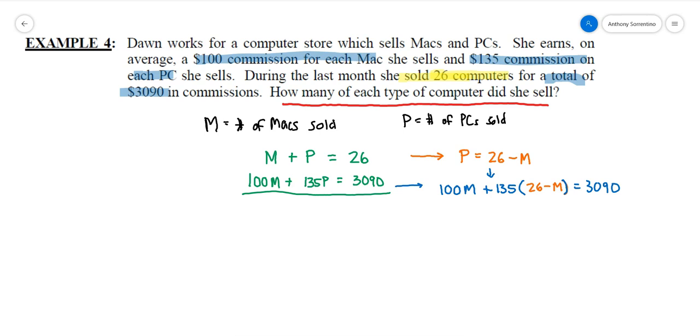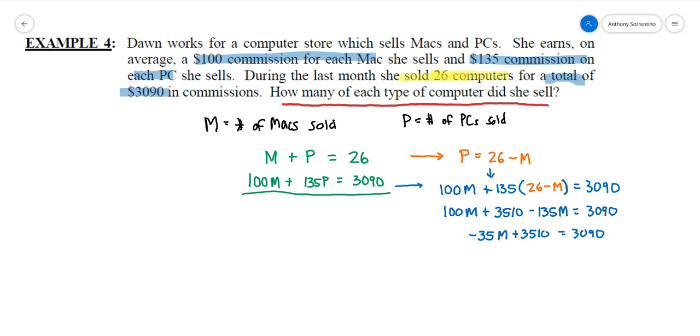I'm going to simplify this equation before I start trying to solve for M, because I want to get M alone on one side. So I'm going to distribute the 135. 26 times 135 is 3,510 minus 135M equals 3,090. 100M minus 135M is a negative 35M, plus 3,510 equaling 3,090.